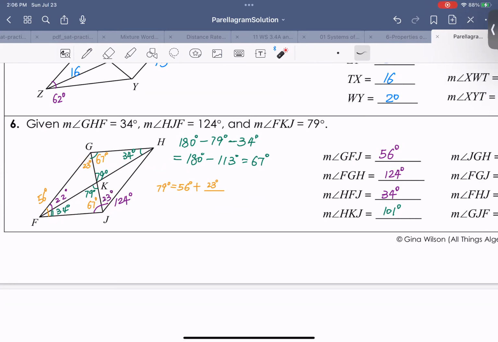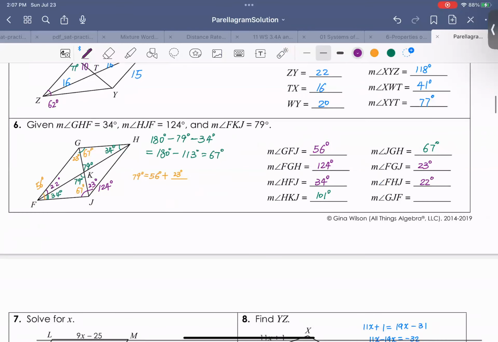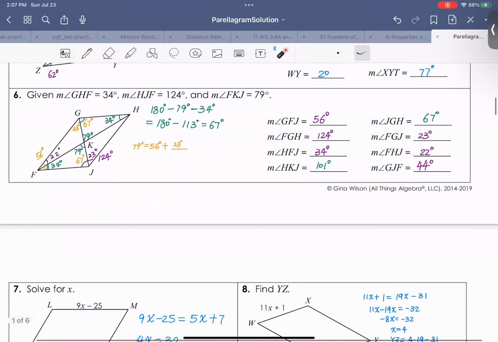If 23 is here, this total is 67, so this will be 44. Very good. In that way, we find out all the angles in this graph. We are given the condition, we start to mark and then go to the surrounding angles to find the neighboring angles, and then we will be able to push forward to every question mark here.